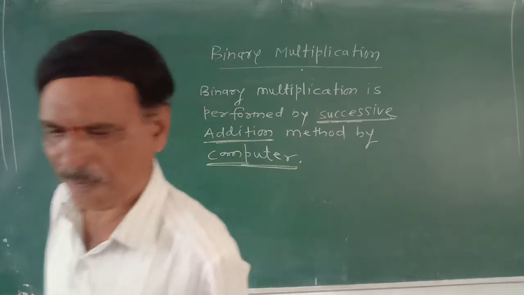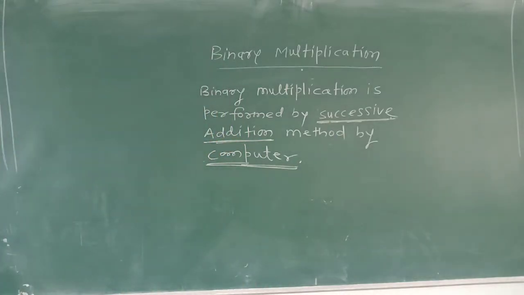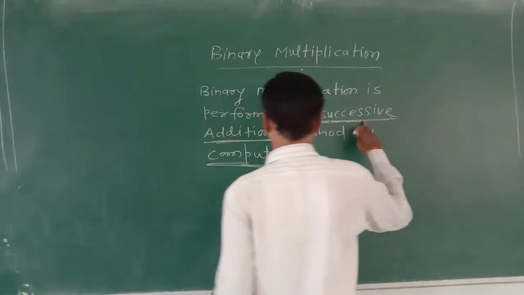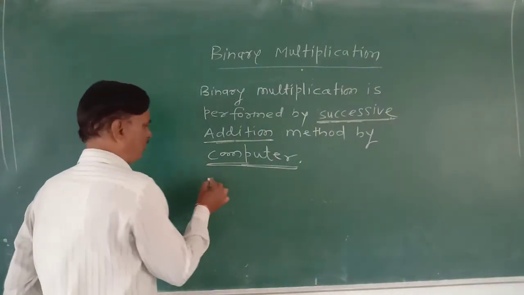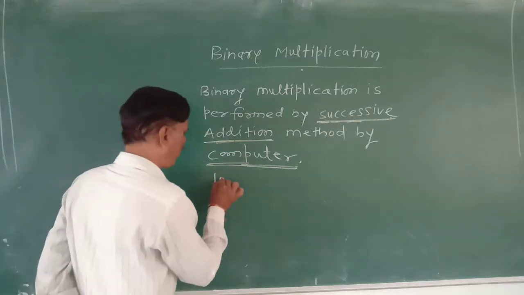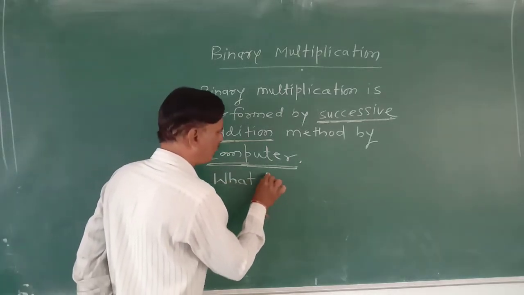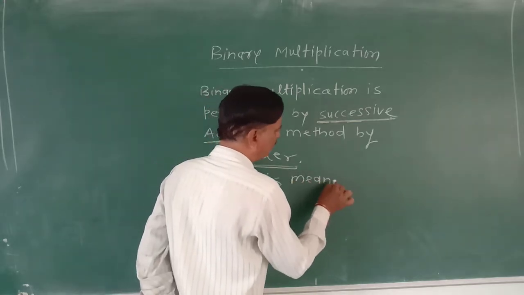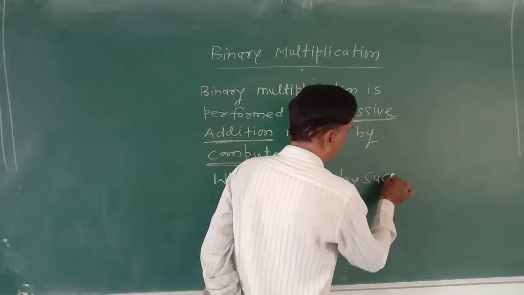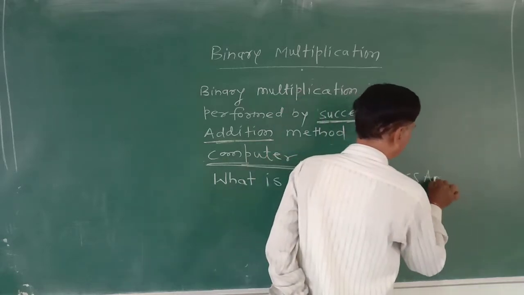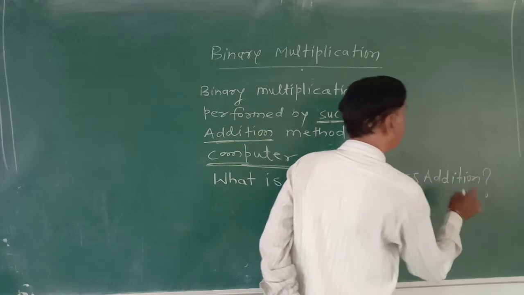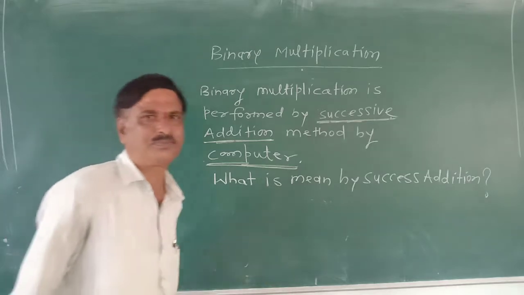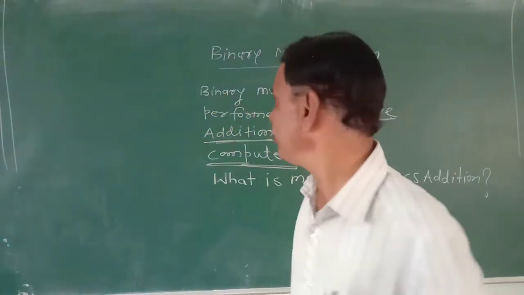You may ask why the computer uses the successive addition method, and what exactly is meant by successive addition. So let us see what exactly is meant by successive addition.